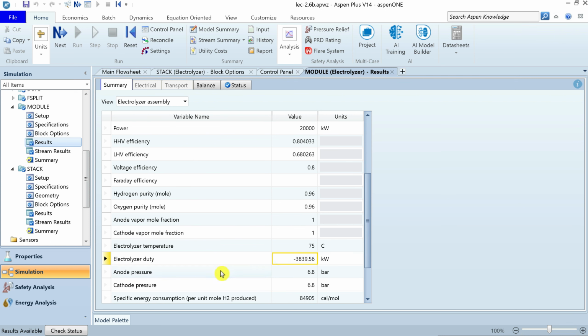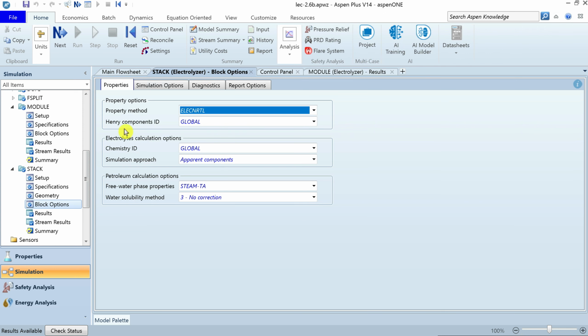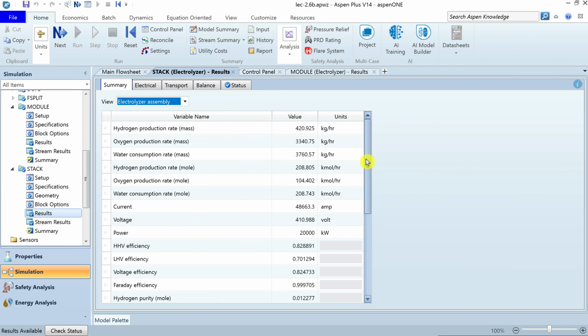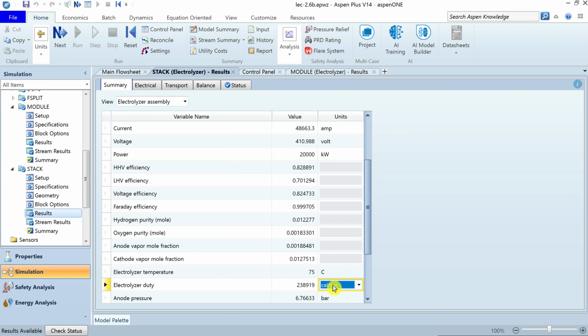Heat duty in case of the module is almost 3.8 megawatt. That is the thermal energy that should be removed from the stack in order to operate it at 75 degrees Celsius isothermal conditions. But in case of the rigorous stack simulation, the heat duty was calculated as 1000 kilowatt or almost 1 megawatt, and that is the thermal energy required to keep the electrolyzer at 75 degrees Celsius.